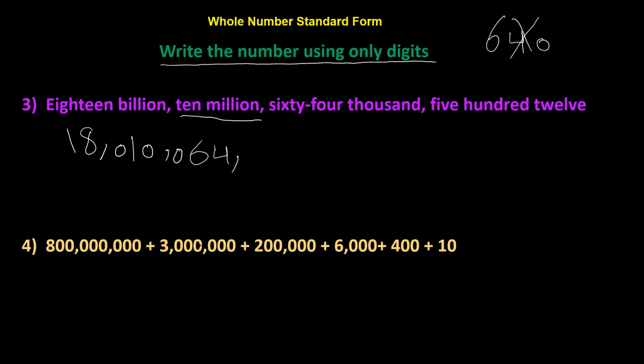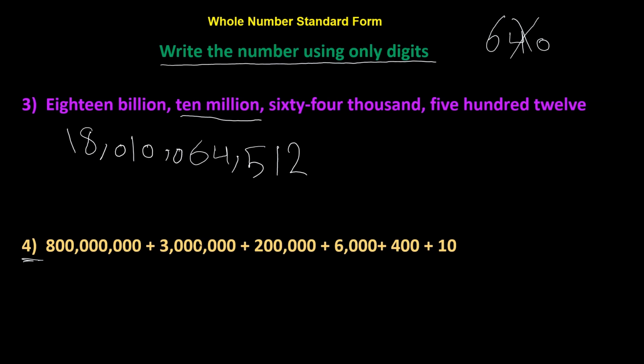Then the last period, 512. This is units, 512. It's very easy, 512. Now let's check it again. 18 billion, 10 million, 64,000, yes, 512.